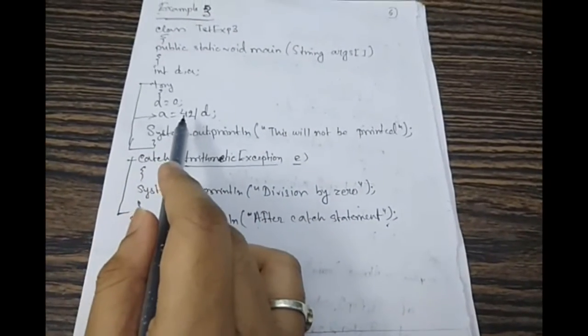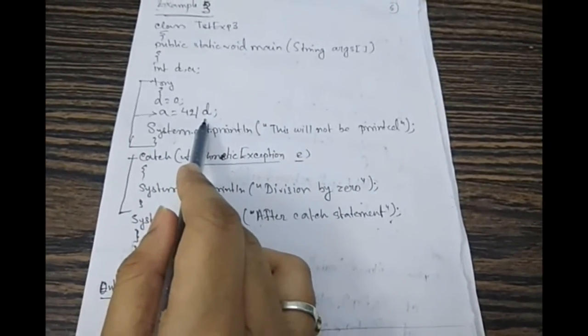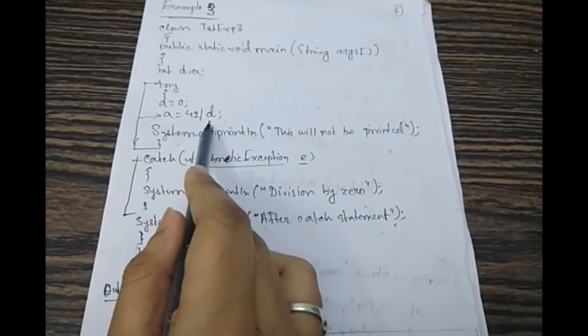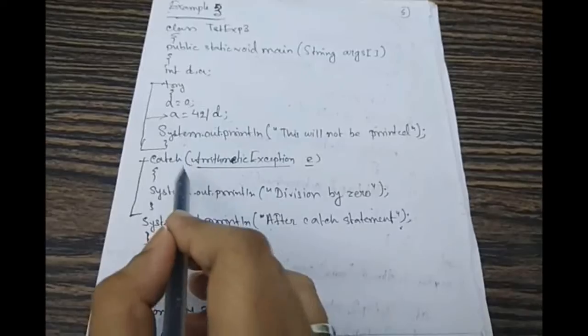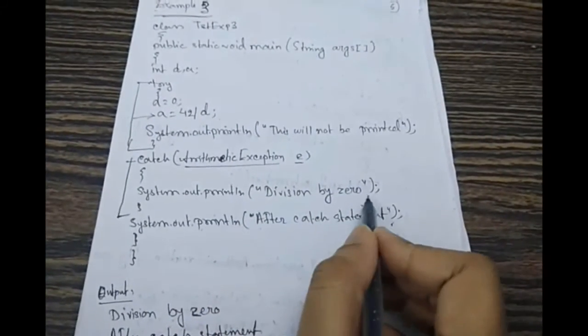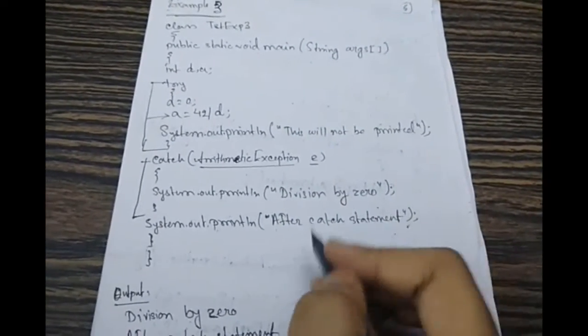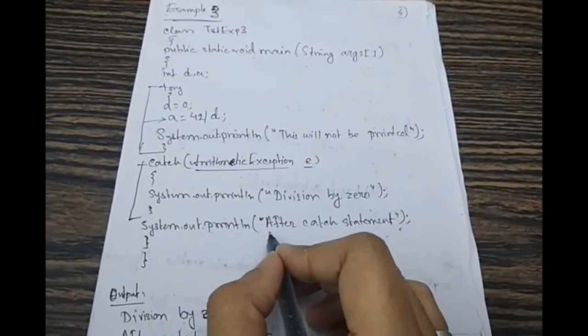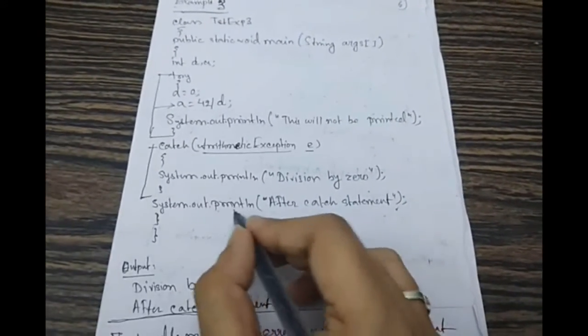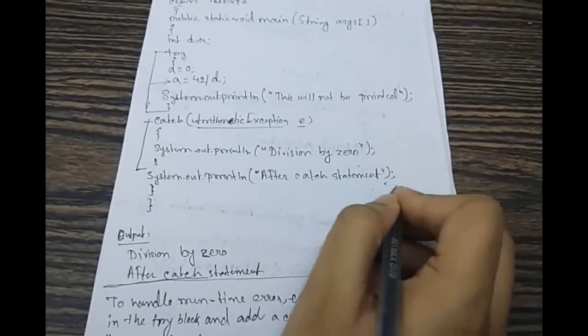If the division by 0 error occurs, that is an arithmetic exception, obviously the control goes to the catch block and prints the output division by 0, and after the catch block we can have our normal flow of execution like system.out.println after catch statement.